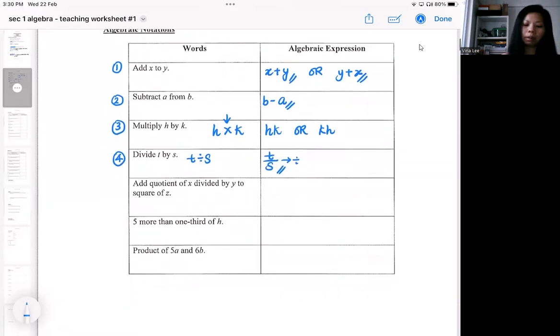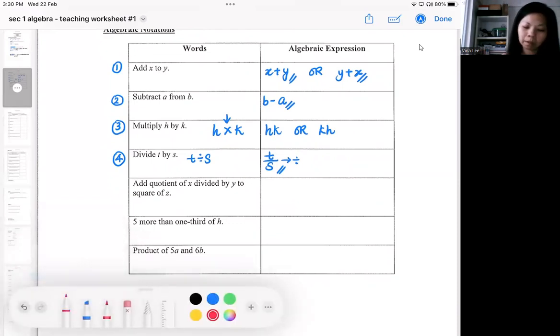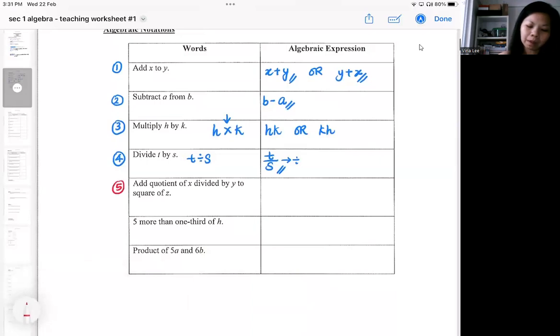Okay, so the first 4 introduce you to the 4 operations. How do we translate to algebraic expressions? Then subsequently things will get a bit more complex. So if you look at number 5, you're going to add something to something.